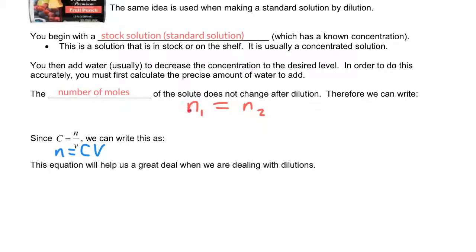So the number of moles that I'm taking from my standard solution is the concentration of my standard solution times the volume of my standard solution. And the number of moles of my diluted solution is the concentration of the diluted solution times the volume of the diluted solution.